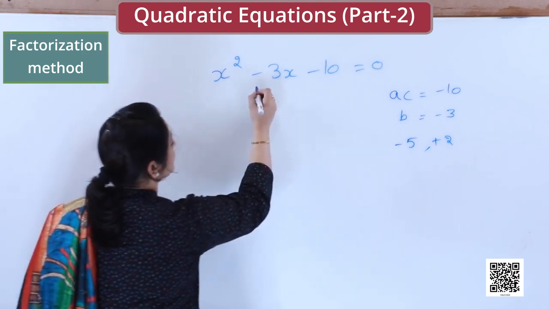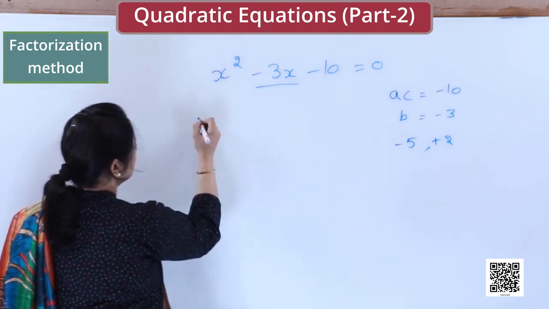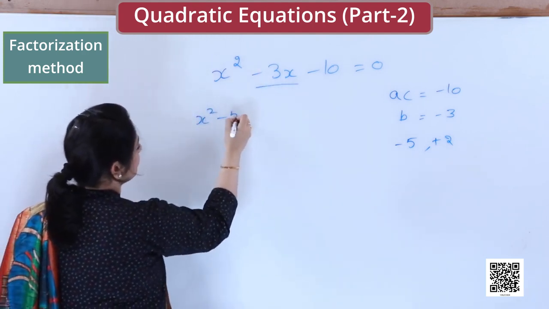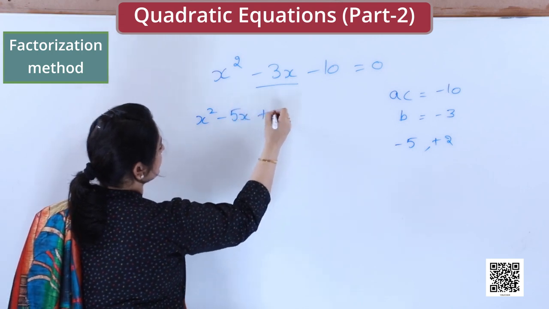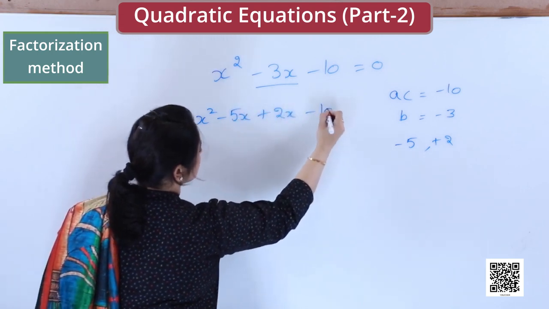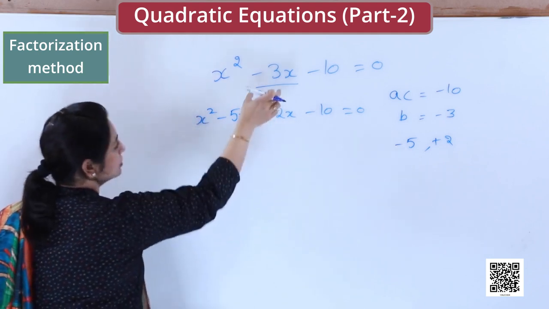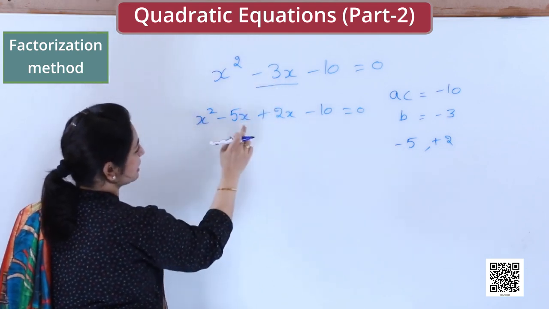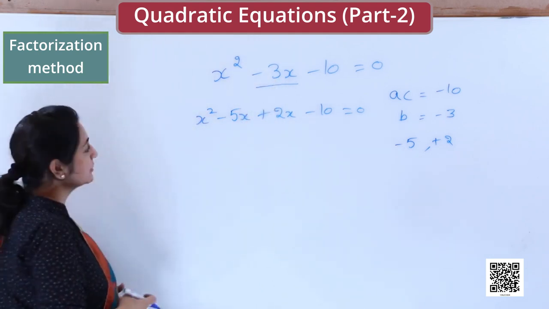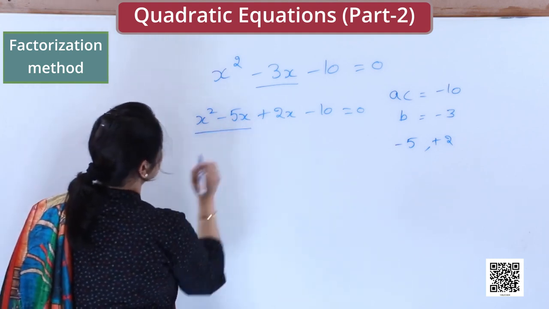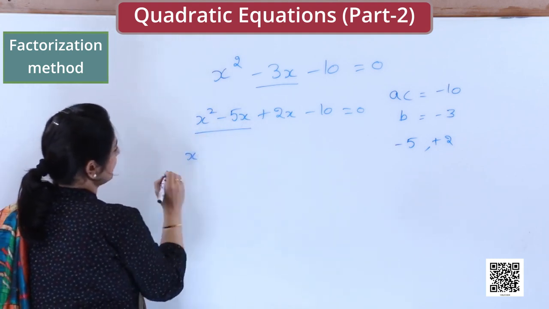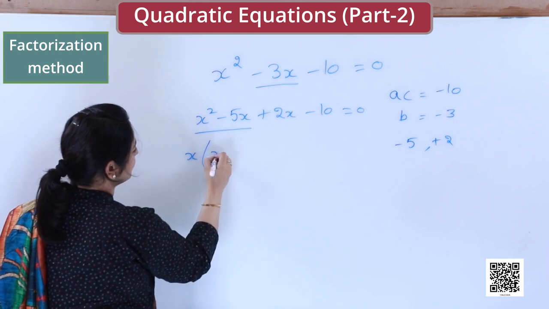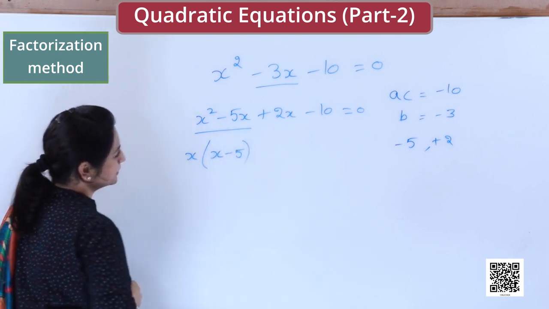So now we can split this term into these two. We will write x square minus 5x plus 2x minus 10 equals to 0. So this term has been split into minus 5x plus 2x. We can do that. Now looking at these two terms, we can take x as common, and in the bracket we will have x minus 5.